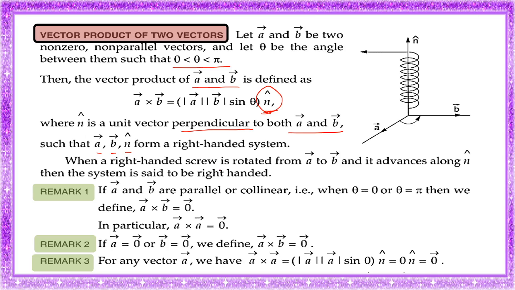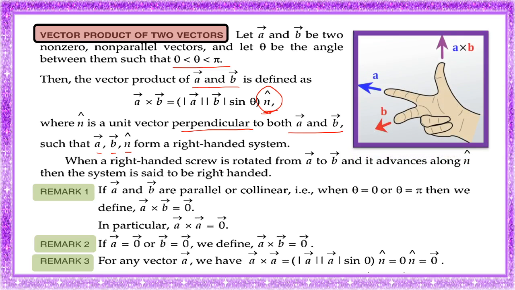In a right-handed coordinate system, the thumb of the right hand points in the direction of the positive z-axis, when the fingers are curled in the direction away from the positive x-axis towards the positive y-axis, somewhat like this. Then we get the resultant in the direction where our thumb is, the thumb of the right hand.